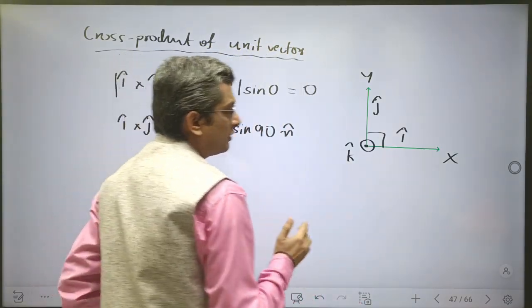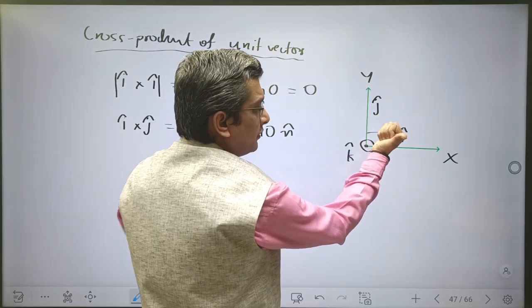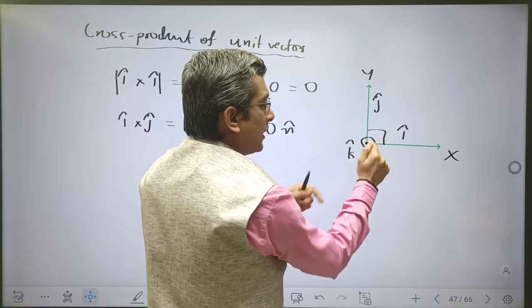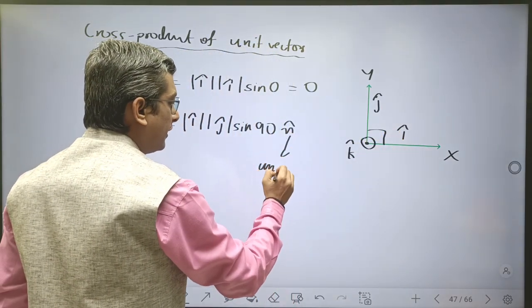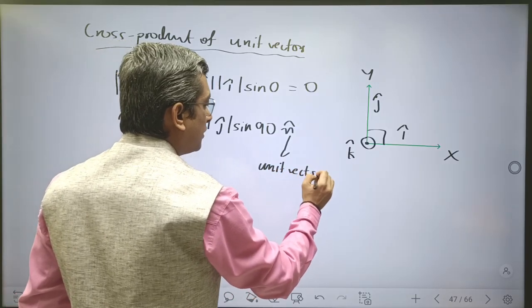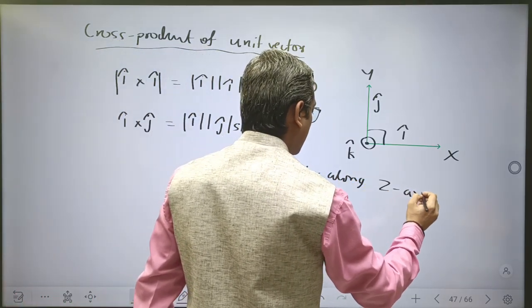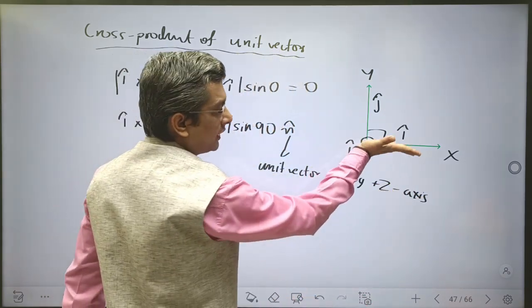So the direction of n cap is given by this: this is I cap, this is J cap, I cross J, and this is the thumb. So the direction of n cap is along K cap. This is nothing but the unit vector along the z axis, or you can say the positive z axis, by using the right hand thumb rule.